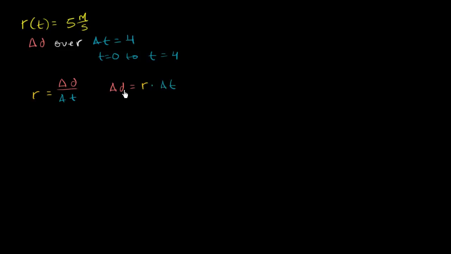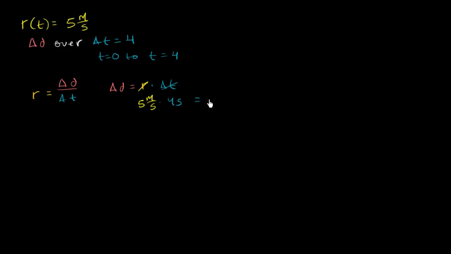And so this is very close to, you might remember from pre-algebra, distance is equal to rate times time. And that just comes from the definition of what a rate is. It's a change in one quantity with respect to another quantity. And so if you just apply this, if you say, okay, my rate is a constant 5 meters per second, and my delta t is 4 seconds, so times 4 seconds, well, that's just going to give you 20.